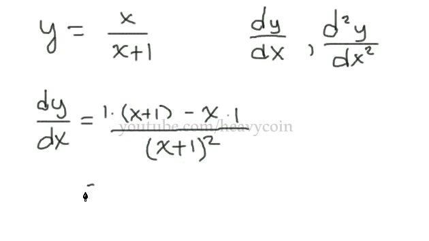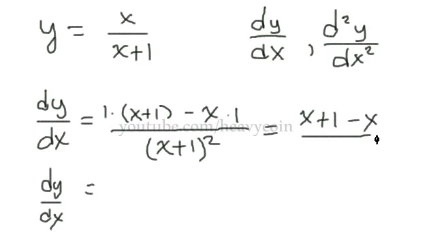Now what I'm going to do is clean this up a little bit, make life a little easier on us. So we have dy over dx is equal to, so this is x plus 1 minus x times, okay, let's see, can we do this in our head? Let me just write it over here. This is x plus 1 minus x.